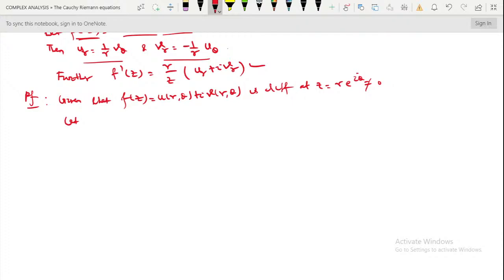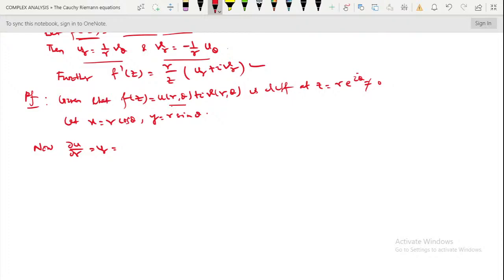Now, u_r is the derivative of u with respect to r, and we know u is a function of r and θ, and r and θ are functions of x and y.